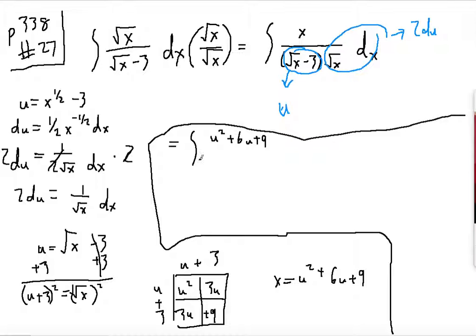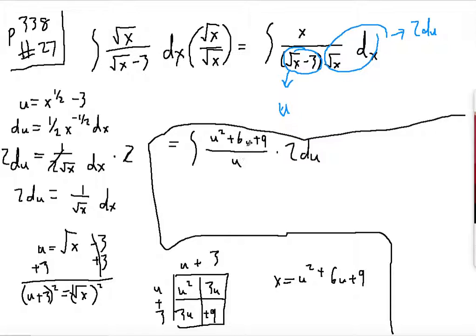On the bottom here, I have u, and then where this 1 over the square root of x dx is, I have a 2 du. It is definitely tricky, but you do what you have to until you get a problem that has all u's.